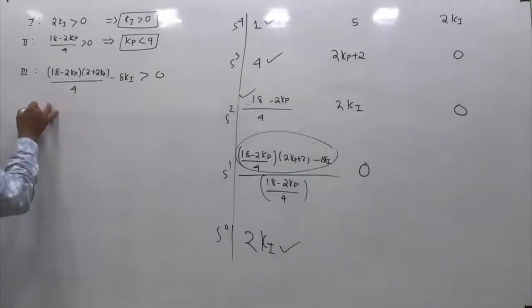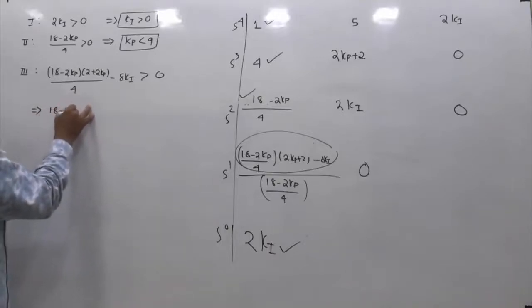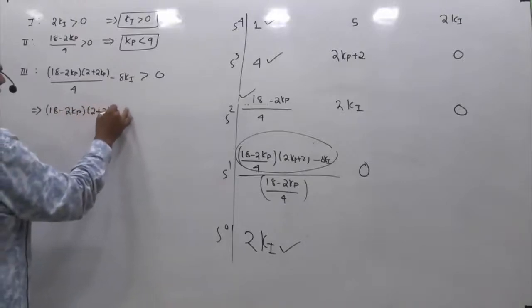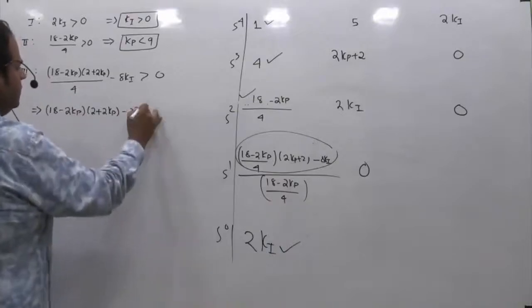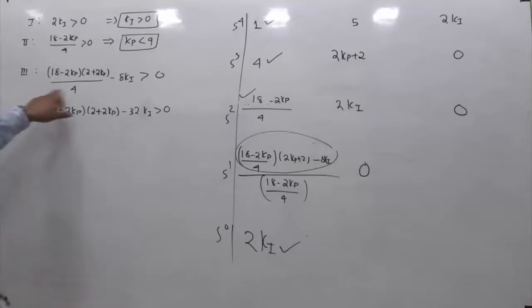So let us multiply this equation by 4 on both sides. You will get 18 minus 2 Kp into 2 plus 2 Kp minus 32 Ki is greater than 0. I have multiplied by 4 on both sides, so this 4 cancels, this becomes 32 Ki, and this is greater than 0.